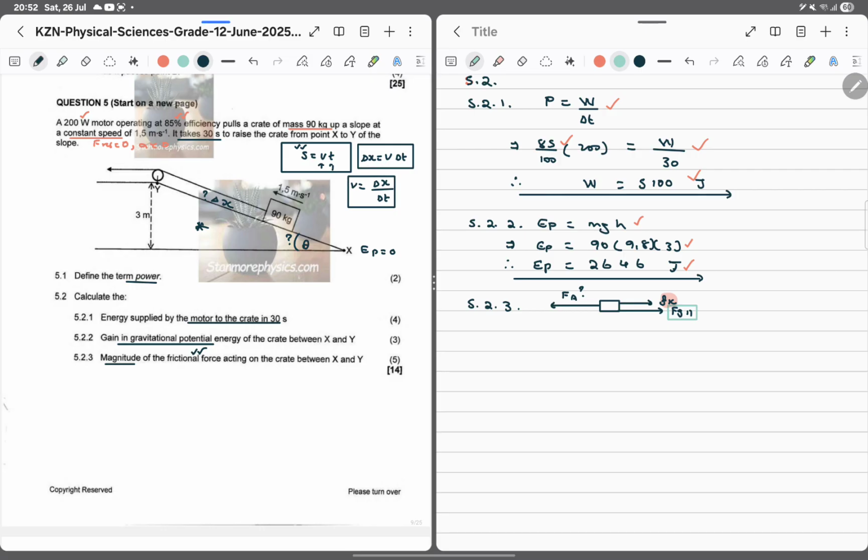All of these are one and the same thing. So we can find delta x using that. First of all, delta x is equal to velocity times delta t.